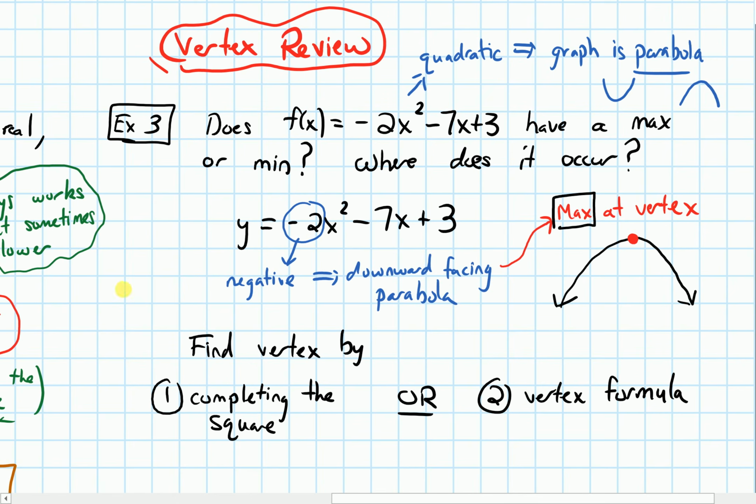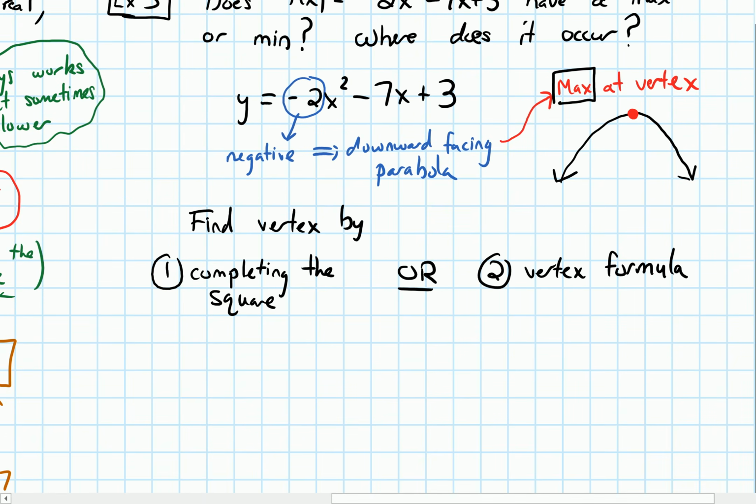Out of these two methods, if this was a pre-calculus class, I would likely show you both in detail. But since we just have a brief amount of time for this review, I'm going to choose the quicker one, and that's the vertex formula. I'll briefly mention that completing the square is the more illustrative method.